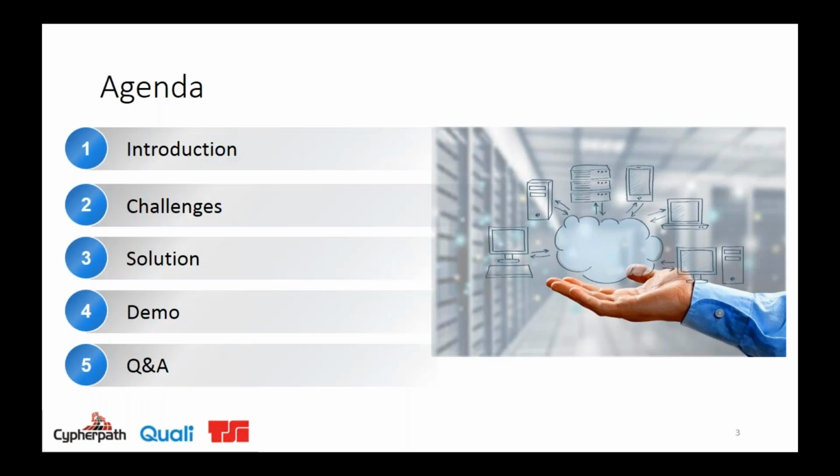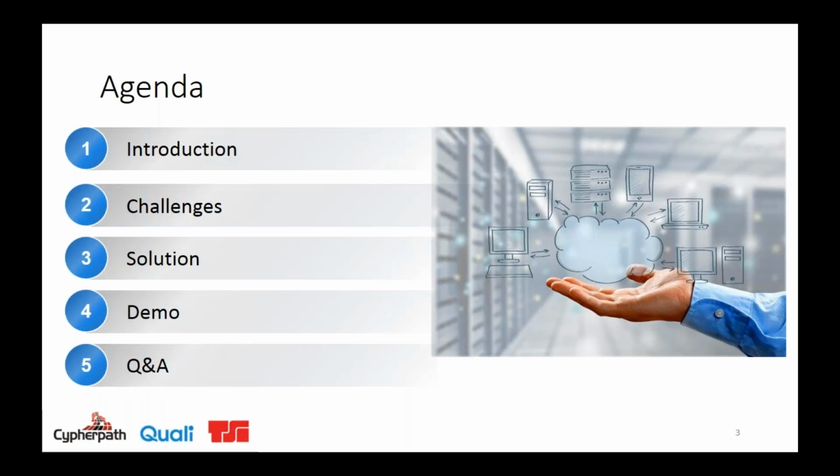We will start with a high-level introduction of each company during this webinar, that is Cypherpath, Quali, and technology systems integrators, followed by an interview of challenges, requirements, and example use cases that customers need to be aware of when considering cyber threat and security testing to assess and validate their applications and their IT production environments against such risks.